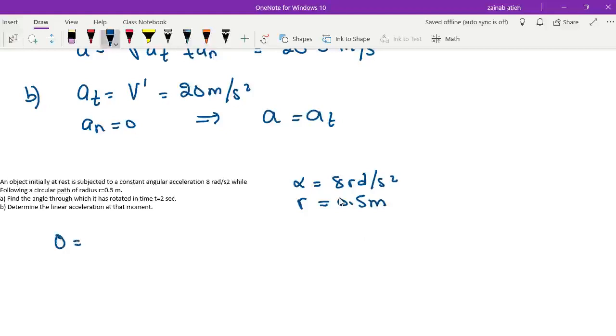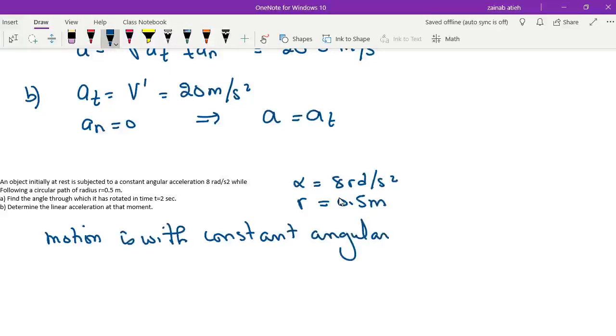Theta is equal to, for sure, أول شيء let me write, بما أنه motion is with constant angular acceleration. يعني I can use the kinematics equations that I have already given to you, which contain alpha.